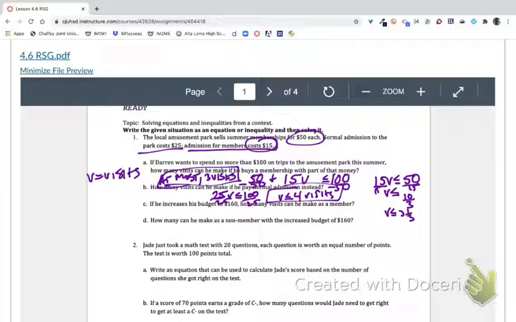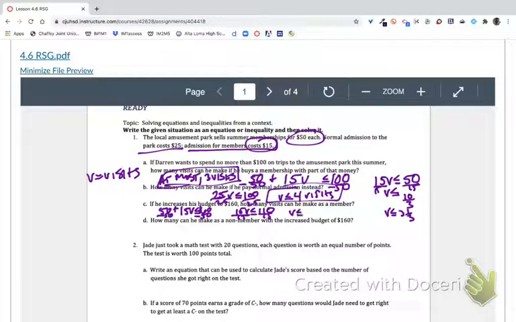Now his budget's up to $160. As a member, 50 plus 15v is less than or equal to $160. Subtract 50 from both sides, so you've got 15v is less than or equal to 110. Divide both sides by 15.